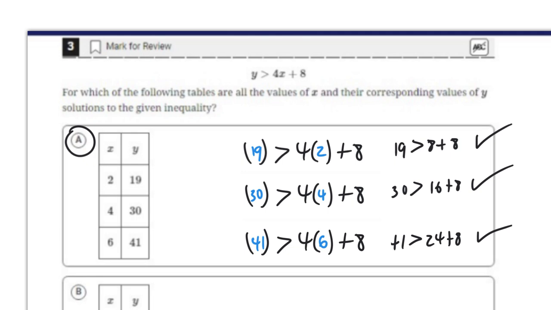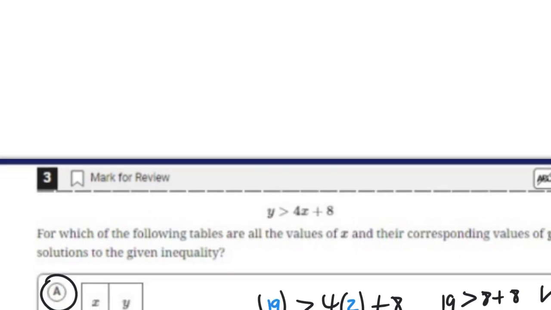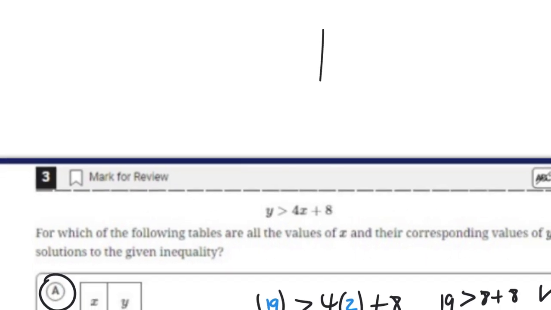Another way of going about this is you could have plugged the original inequality here into Desmos, okay? And I'll just kind of draw it for now instead of doing that.